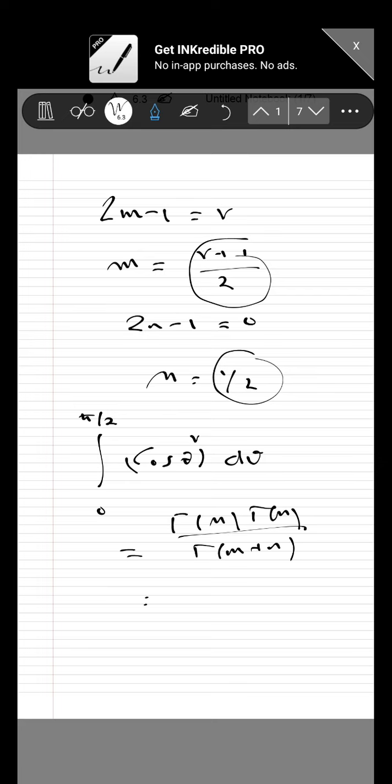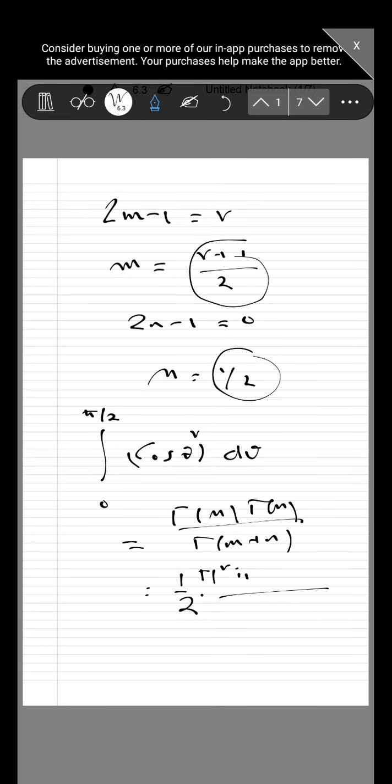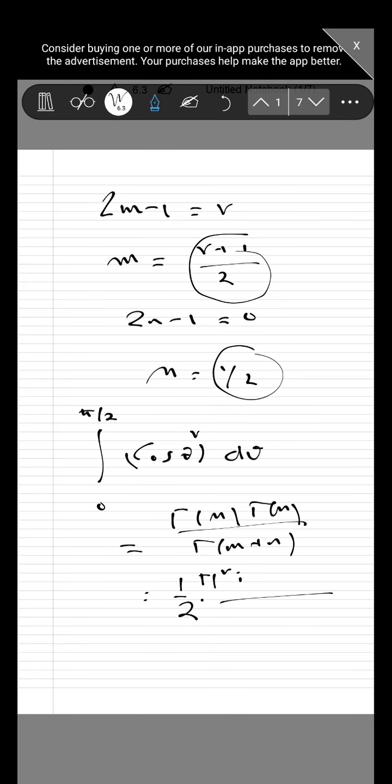In the same notion this becomes 1/2 into Γ((r+1)/2) for m and Γ(1/2) for n, divided by Γ((r+2)/2), that is Γ(r/2 + 1).